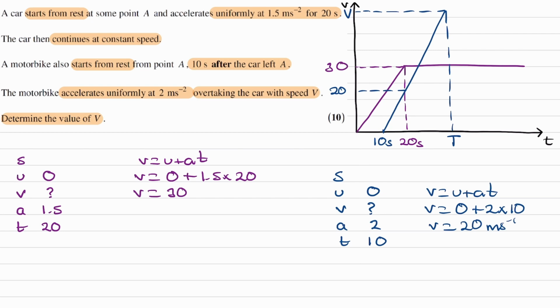Okay, so now we can set up our simultaneous equations to solve this question. We know the area underneath the graph up until time t for both objects, the car and the bike, should be the same. So we can start with the car. This shape that we have over here is a trapezium. We have the base being t, this top end being t minus 20, and then the height is 30.